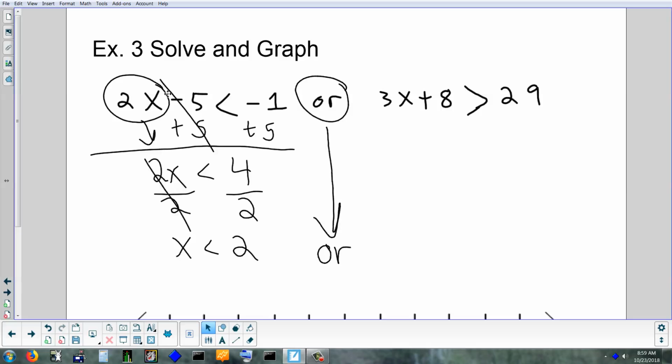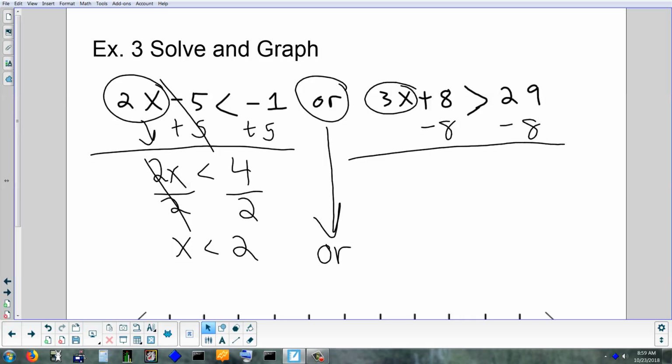I want to get the 3x by itself. So Bethany, in order to get that 3x by itself on one side, what do we have to do? Minus 8. Bethany, 9 minus 8.